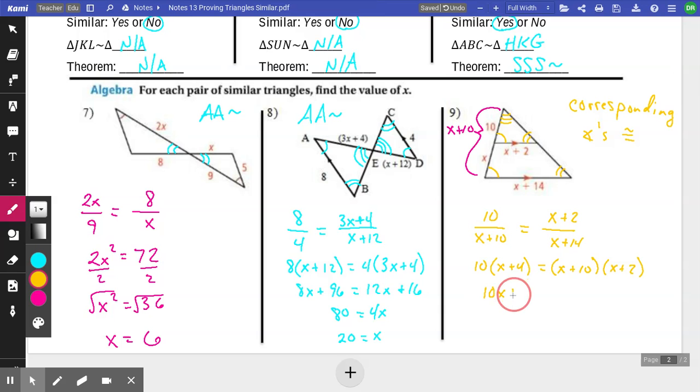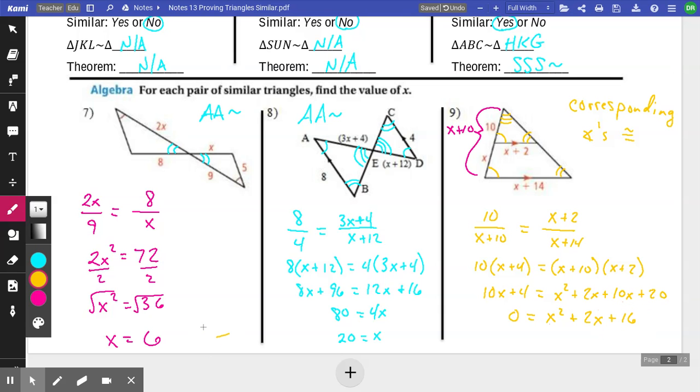You're going to get 10x plus 40 equals, FOIL on this side, x squared plus 2x, and then multiplying by the 10, you get 10x plus 20. All this is going to simplify. We're going to subtract 10x and subtract 40 to move them over to that side. We're going to get 0 equals x squared plus 2x plus 16.